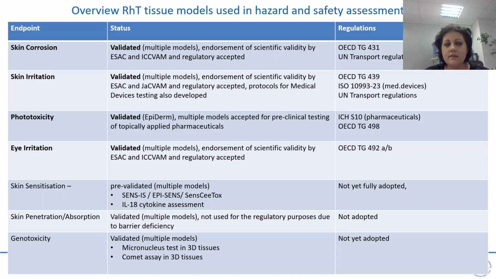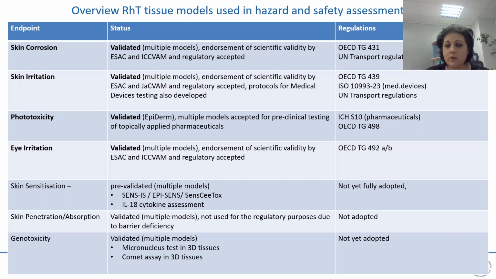One of the first tests were tests for the skin corrosion and later on tests for skin irritation. Also, phototoxicity methods are now in the regulations. They were followed also by eye irritation testing, and in the pipeline we have methodologies that are suitable for the skin sensitization testing, skin penetration, and genotoxicity testing.